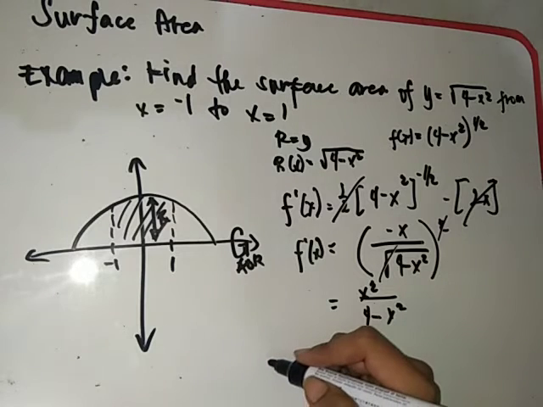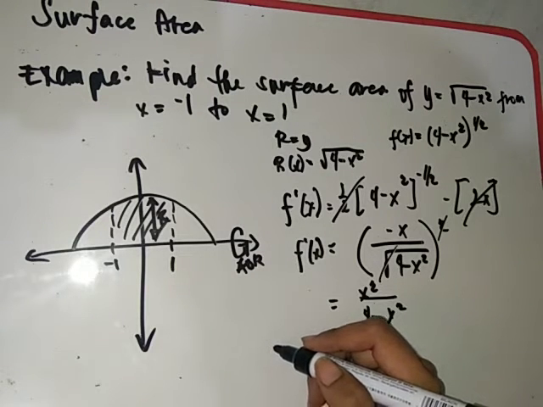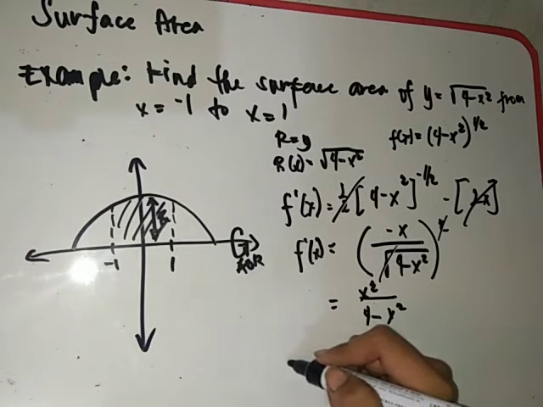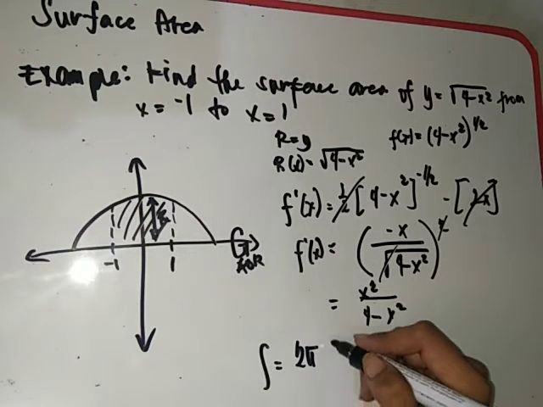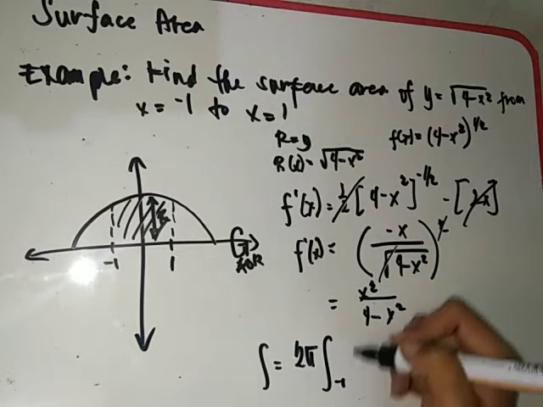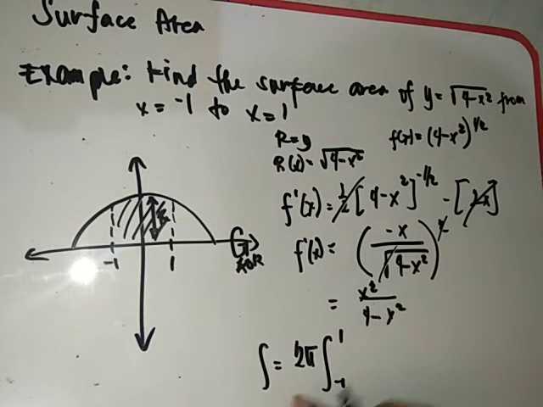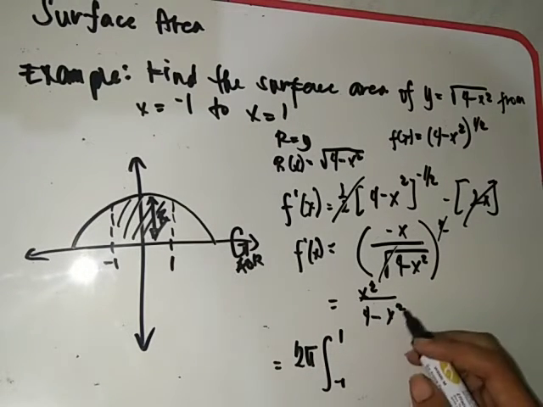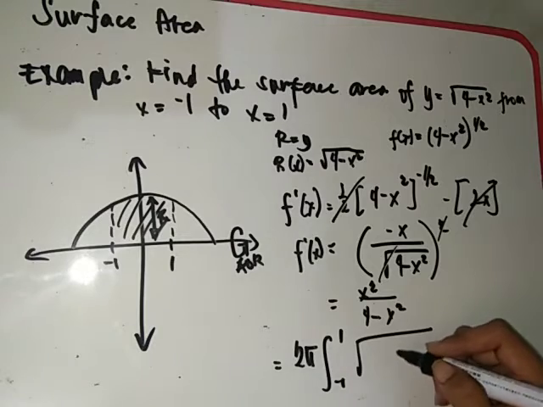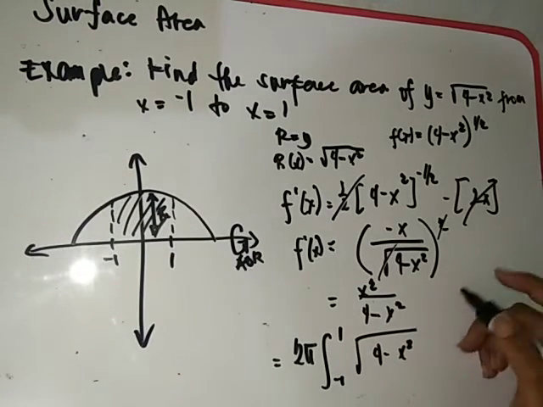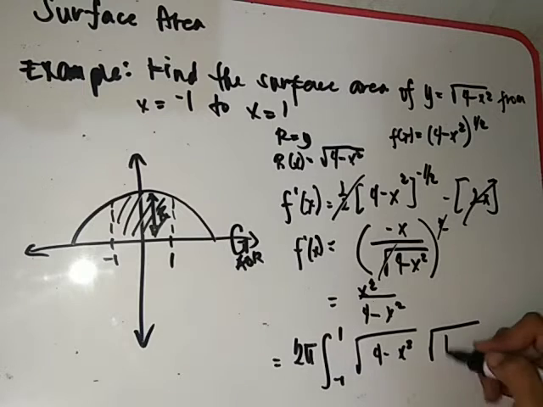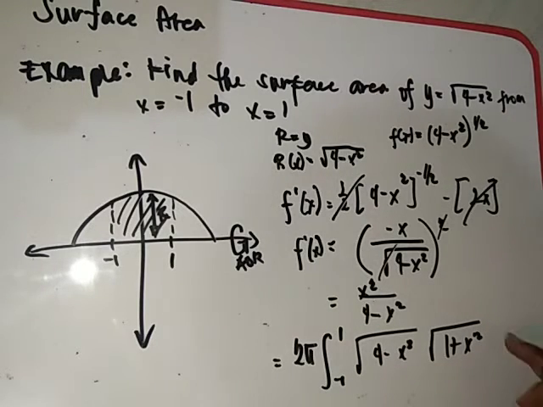So we have 2 pi integration of negative 1 to 1 square root of 4 minus x squared square root of 1 plus x squared over 4 minus x squared dx.